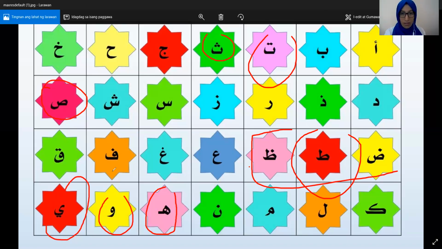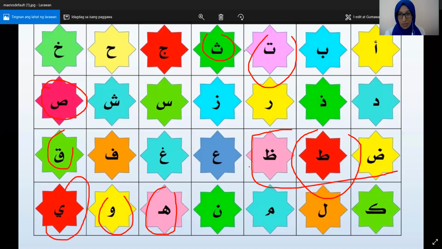Then I have fa, light, qaf, heavy, kaf, light, lam. In Arabic we say lam, we don't say it like in English. Then mim, nun, ha, waw, and ya. So I will have just 8 heavy letters in Arabic. I have 28, and just 8 are heavy. The rest are light letters.